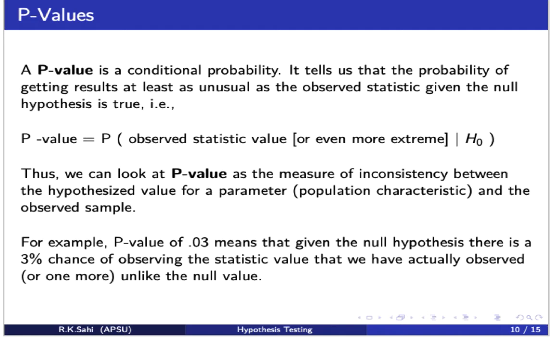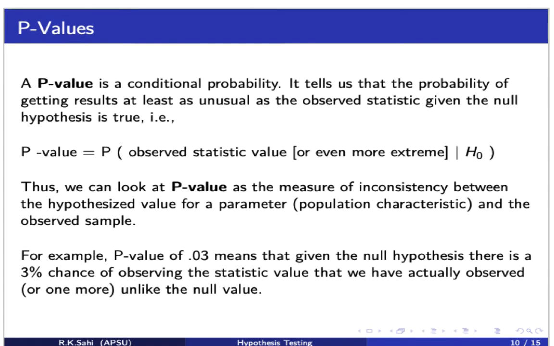So, a p-value is a conditional probability. It tells us the probability of getting a result at least as unusual as the observed statistic, given the null hypothesis is true. This observed statistic, guys, is something we will look at further too. So it's the observed statistic coming from your sample data, given that the null hypothesis is already present.